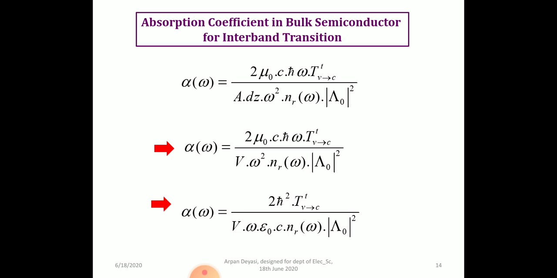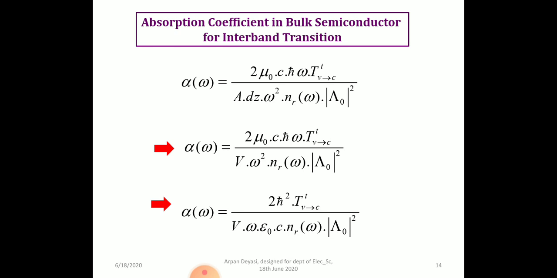So if you substitute the value of intensity, naturally it will become 2 mu 0 c h cross omega T by this. And if you take A into dz, cross section into length, naturally it will become volume. So I have made A into dz as volume, and then I will get the value of alpha omega, and I have substituted mu 0 c equals 1 by c epsilon 0.